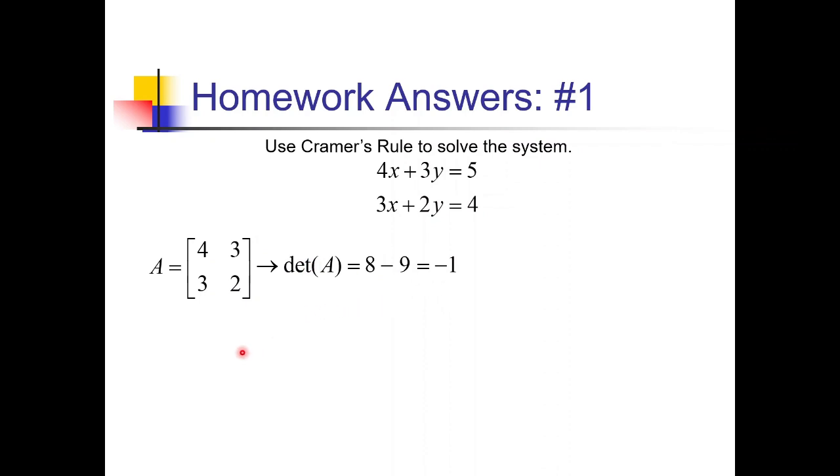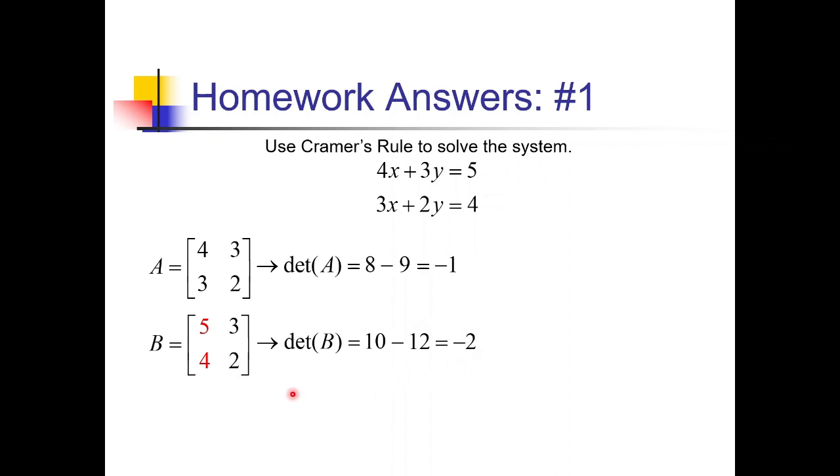All right, we're going to set up another matrix B for the x values. So we're basically going to keep all the coefficient matrix stuff, but we're going to replace the x column here with the constants, 5 and 4. So there's matrix B. And the determinant of that, we're going to have 10 minus 12, giving us -2.